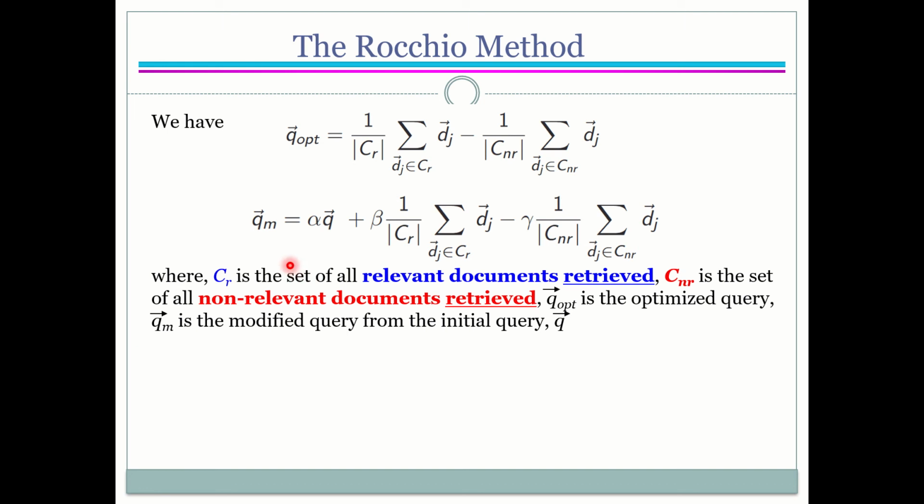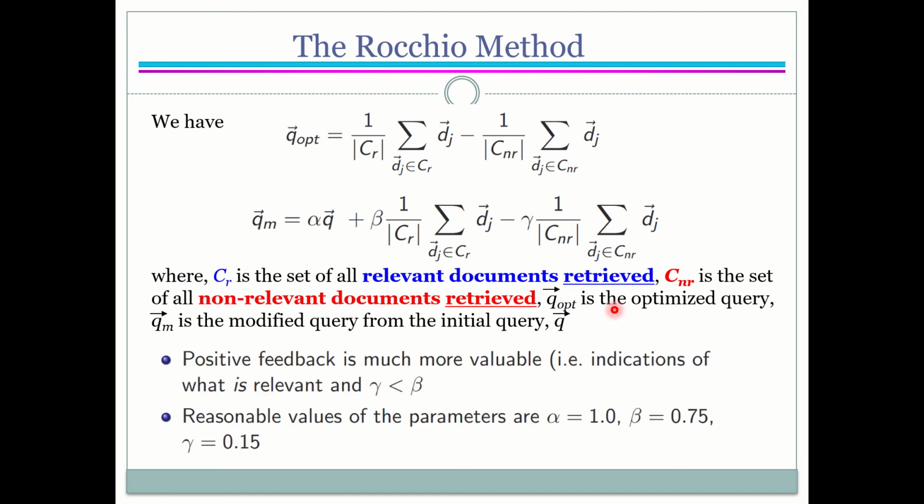So what we want to do is modify this query to become QM by moving towards the relevant documents but away from the non-relevant documents. The reasonable values of the parameters are given here, based on research. So alpha is 1, then beta is 0.75, and then gamma is 0.15.